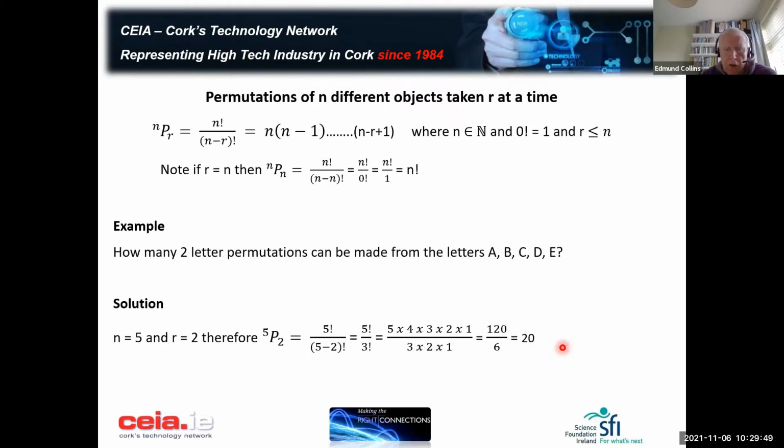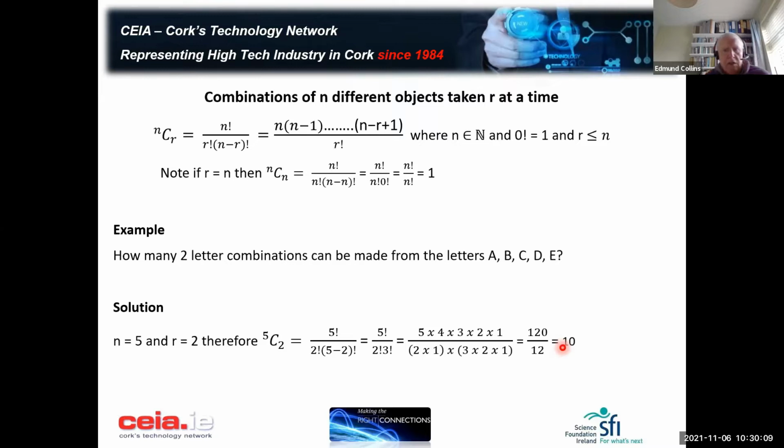Now, just going back to the previous slide, you'd see that the permutation for the same 2 letters out of 5 letters was 20. In this case, it's 10.